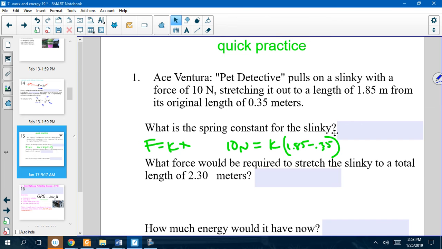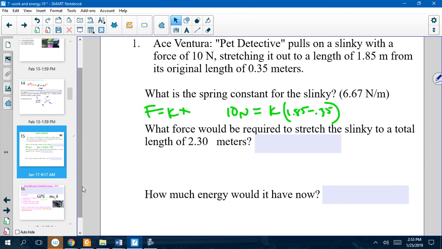And that should give us a spring constant of 6.67 newtons per meter. Alright, now that we have this, as long as the spring remains the same, that spring constant should remain the same. So the next question asks, what force would be required to stretch that slinky to a length of 2.3 meters?